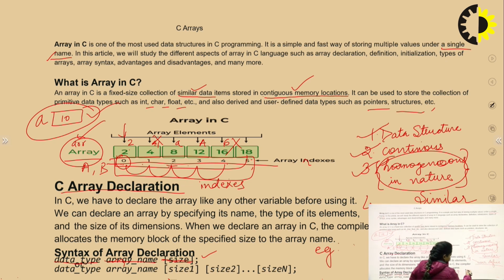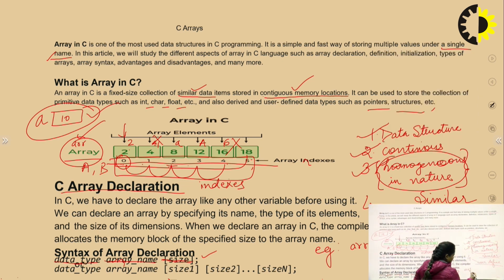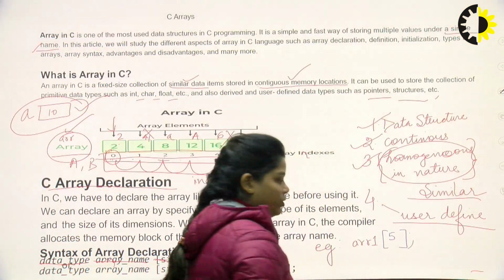Let's say you're defining an array named array1, whatever name you want to give. Array1 and then 5 in square brackets.